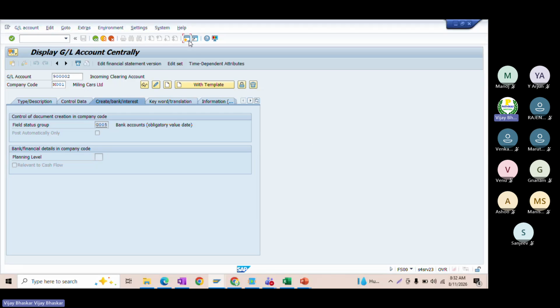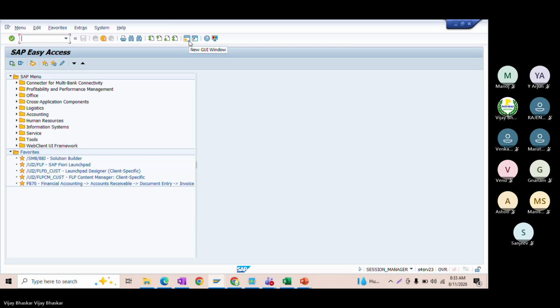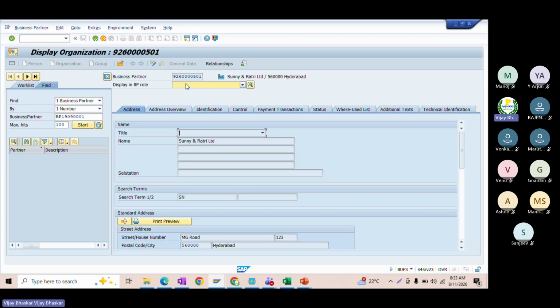If you remember, during the configuration, I disabled that option. Either it could be a vendor or customer, FI customer.